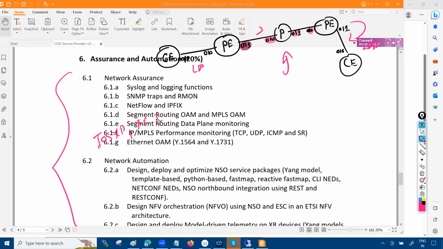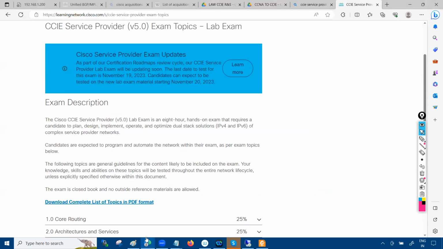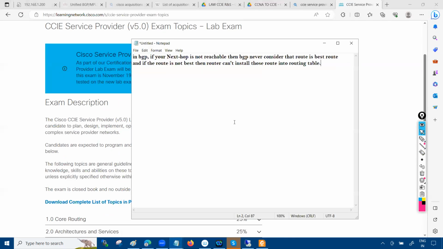So all the training and all the practicals that we are going to do will be on IOS XC and IOS XR, so that you can easily correlate the things, which one is good, which one is bad, and how the configurations differ from each other.